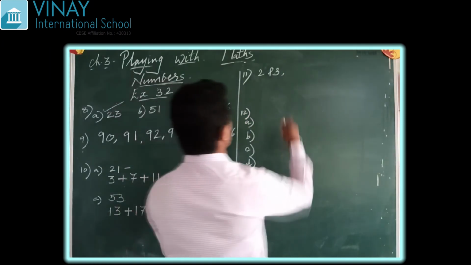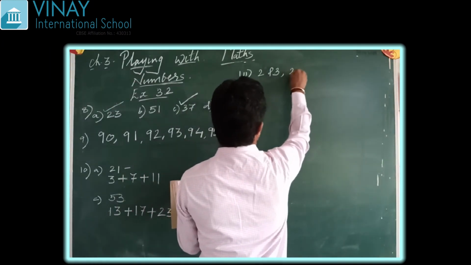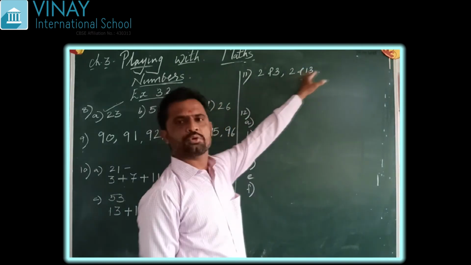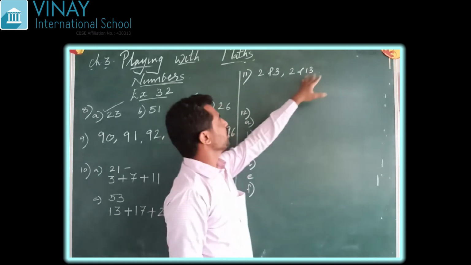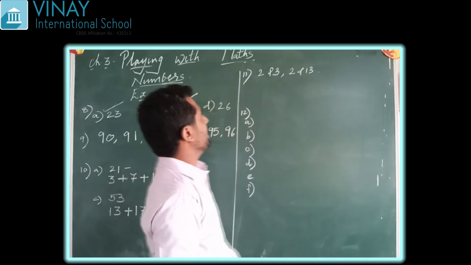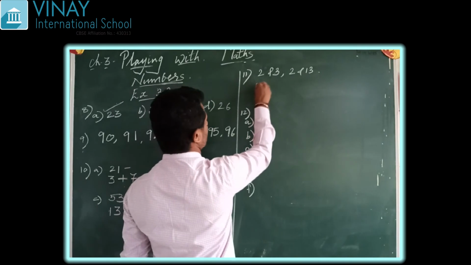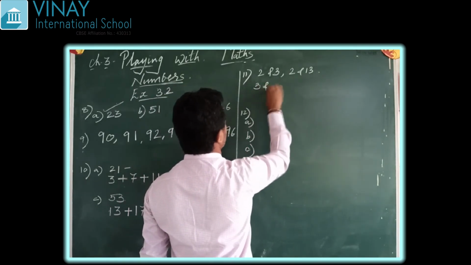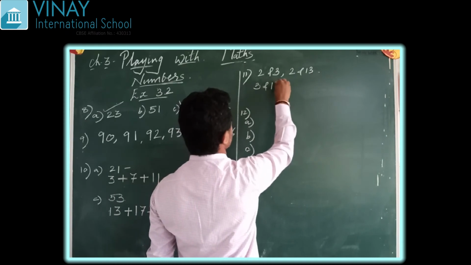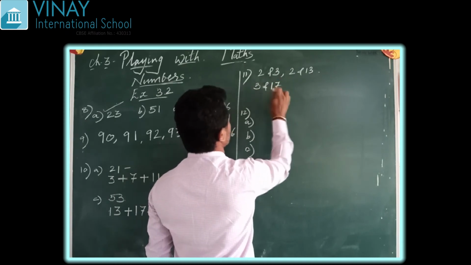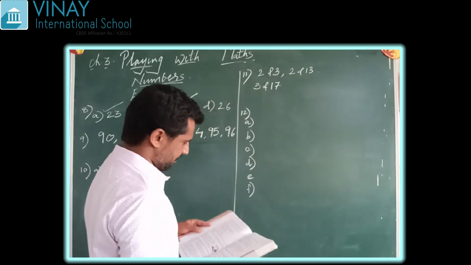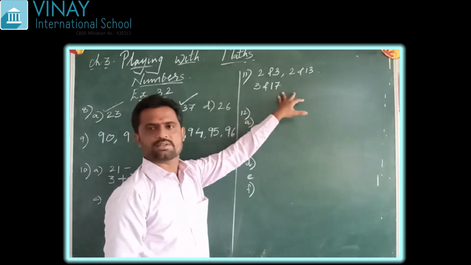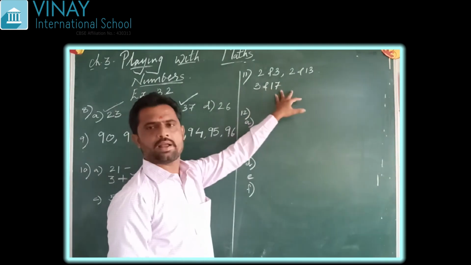In the same way, another can be 2 and 13. If you add 2 and 13, it will be 15. So it is divisible by 5. Then 3 and 17. 3 plus 17 is 20 and again it is divisible by 5.